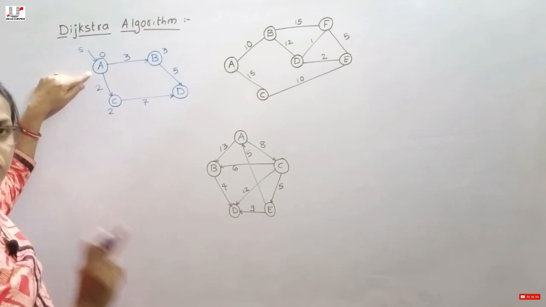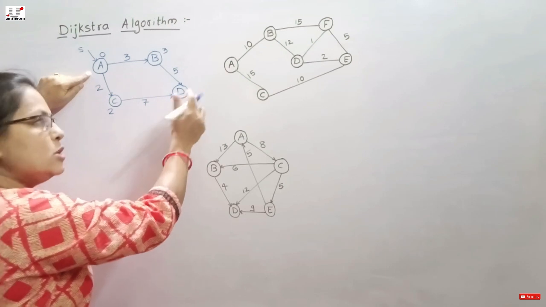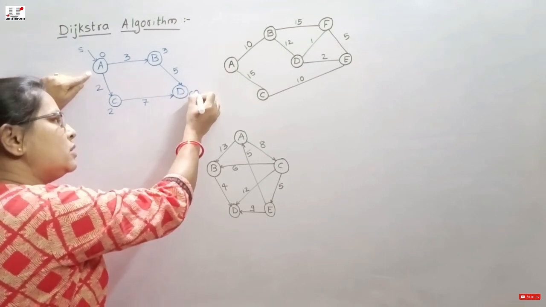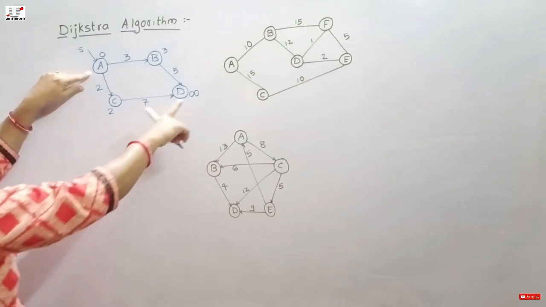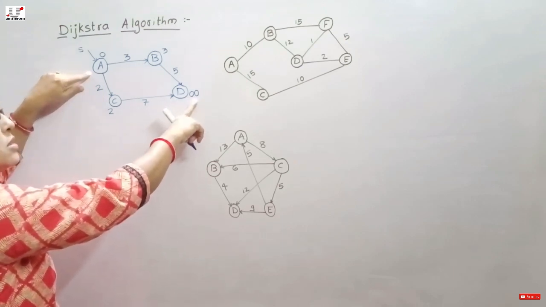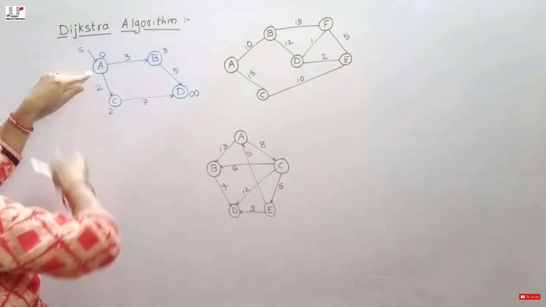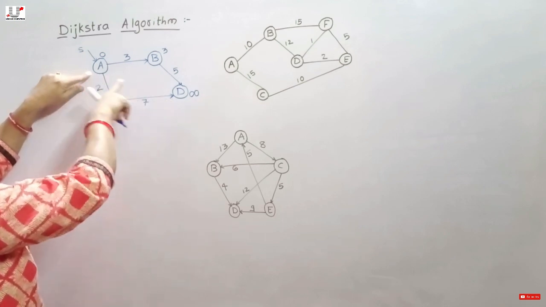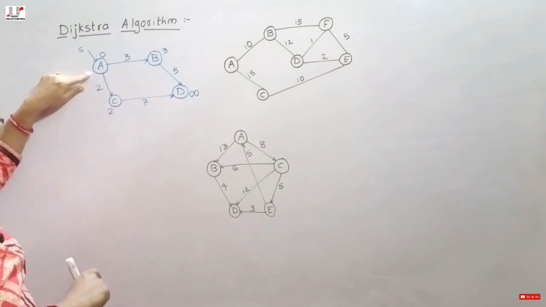As there is no direct path from A to D, let us assume the distance as infinity. Now we have to find the distance of D from the starting vertex, as from the starting vertex no direct edge is present.